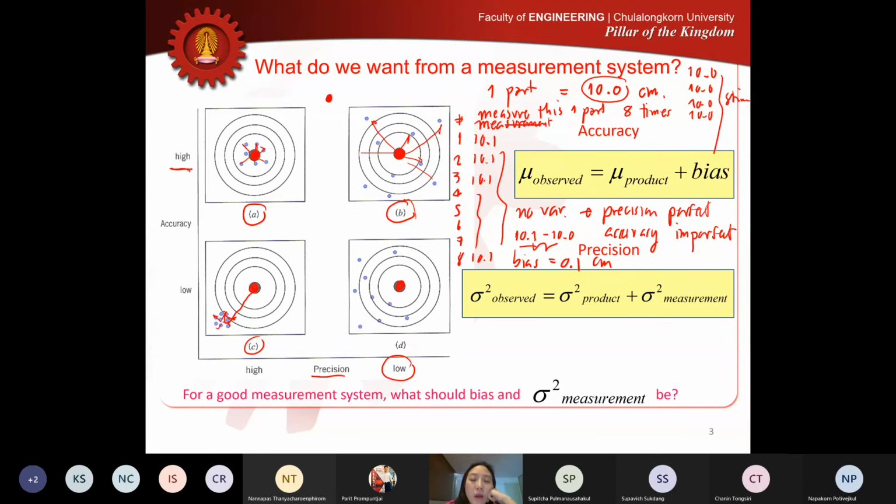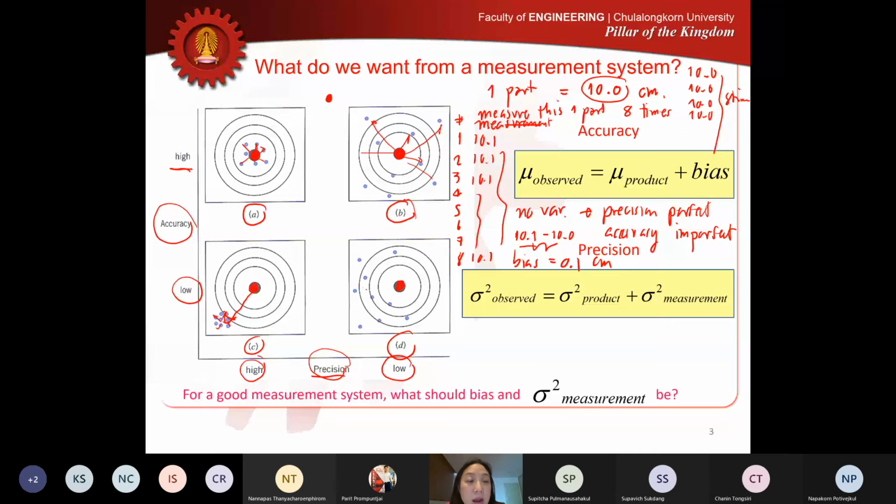And the last, picture D, as you see here, you can judge right away. Suppose this is 10. It's off target. The average is about this number, so it's not accurate.